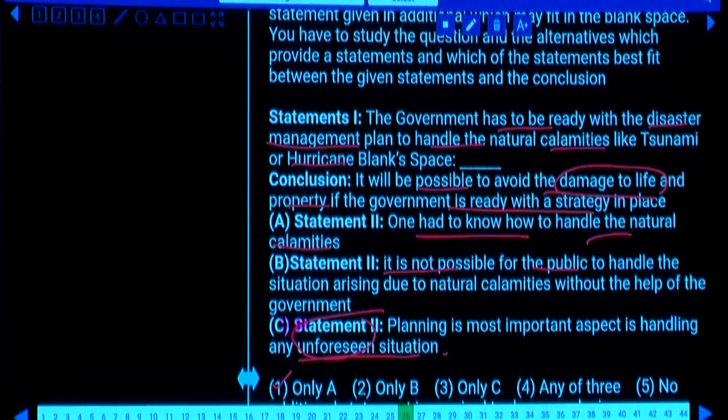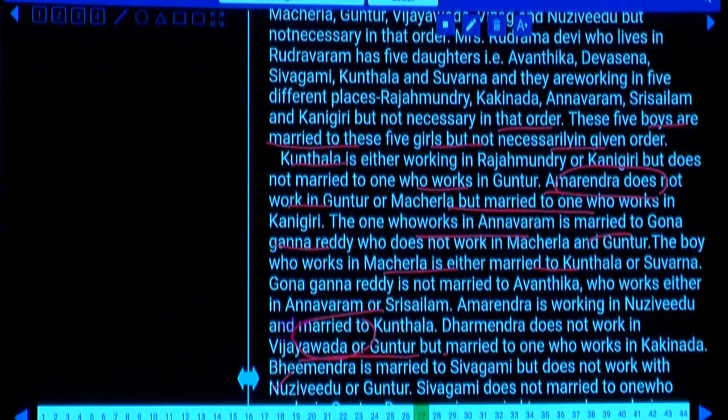Then question number 27 onwards. Now question numbers 27 to 31.